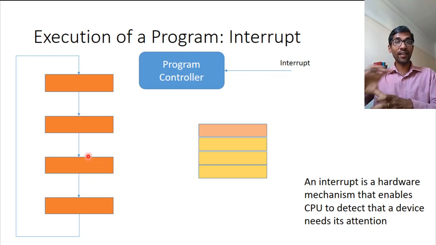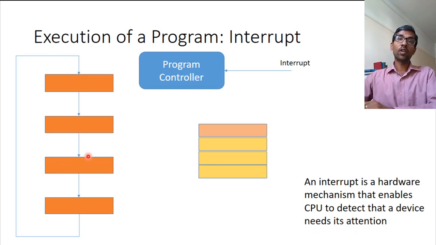So that is another way of responding to inputs. It is different from polling, which we looked at before. An interrupt is a hardware mechanism that enables the CPU or the processing unit to detect that the device needs its attention. Now, how does that work?